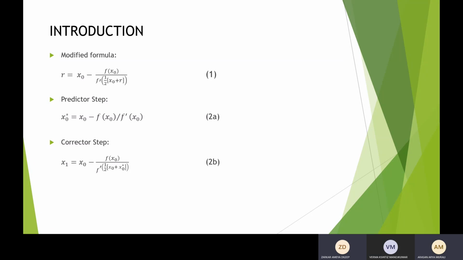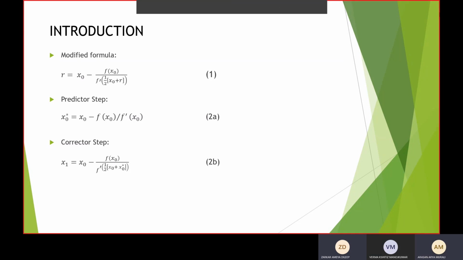It is found by the predictor-corrector rule of the form x0 star equals x0 minus f of x0 upon f dash of x0, and x1 equals x0 minus f of x0 upon f dash of half of x0 plus x0 star, where f dash of x0 represents the estimate of the derivative at x0.